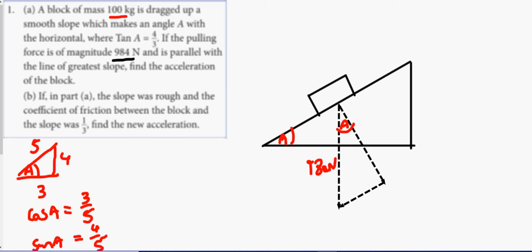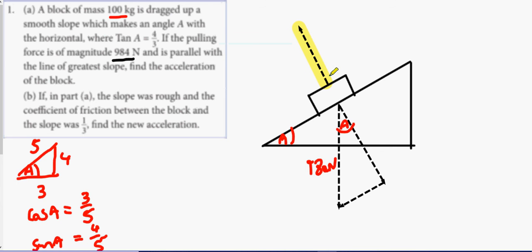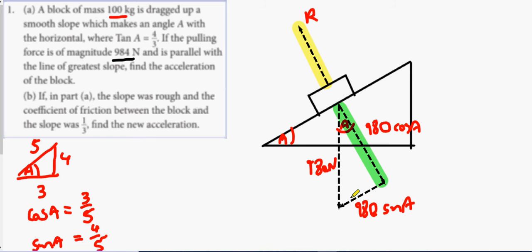Now, the reaction force R acts perpendicularly up. So basically, this is all in one line. This yellow line here is opposite to this green line here. So the yellow line, which is R, equals the component of weight that's acting down in this direction. Now, this is going to be 980 cos A, and this is going to be 980 sine A, and sine A can be denoted by the blue part.